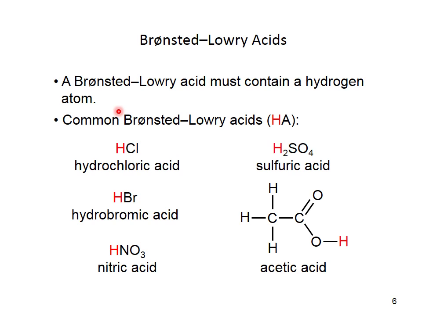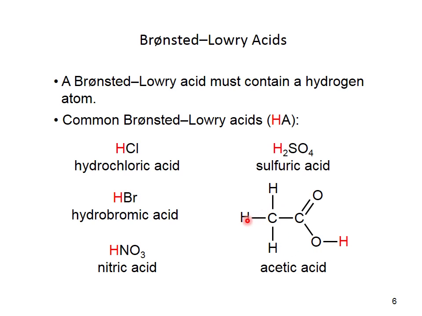Okay, an acid must contain a hydrogen atom if it's going to give up a proton. So we do see acids all the time that have their formulas start with hydrogen because they can give up a proton. There are some others, like acetic acid right here, that have a hydrogen on an oxygen and it can come off.